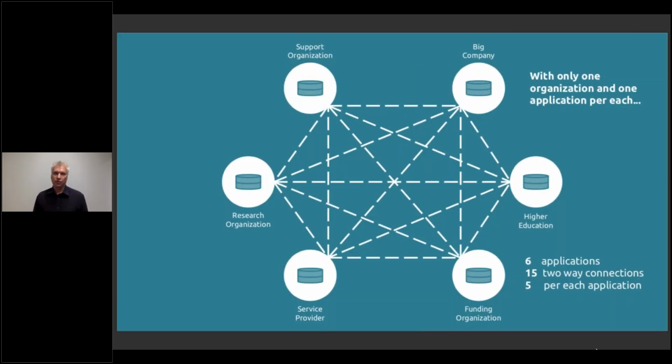And also looking at what that is applied to, this is from the perspective of looking at the different types of organizations: having the support organizations, big companies, research organizations, higher education, service providers, funding organizations.